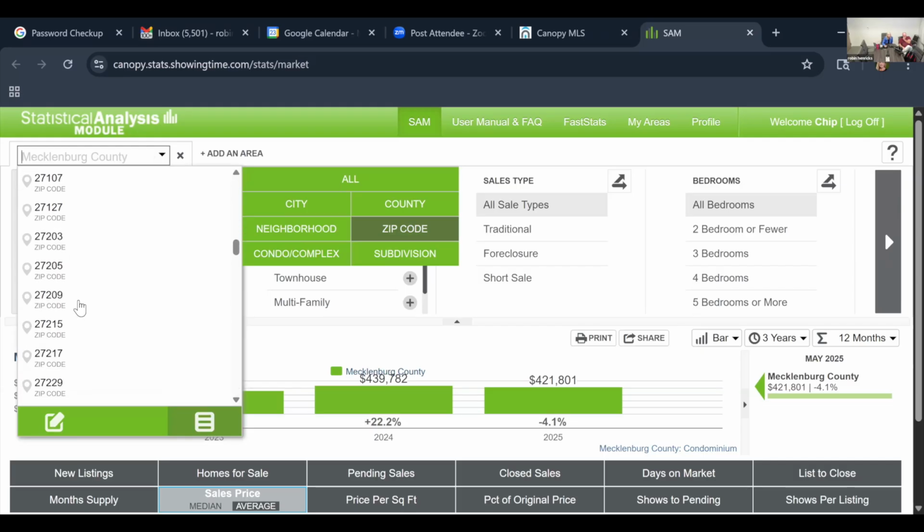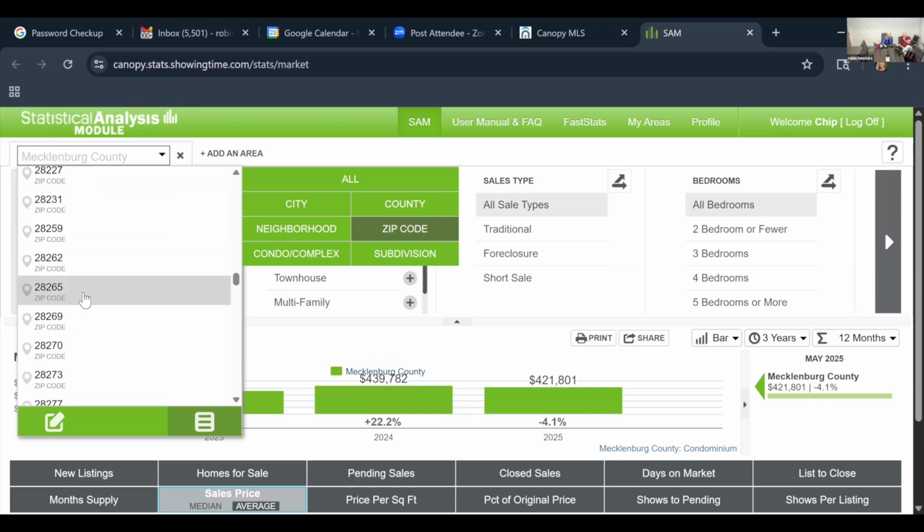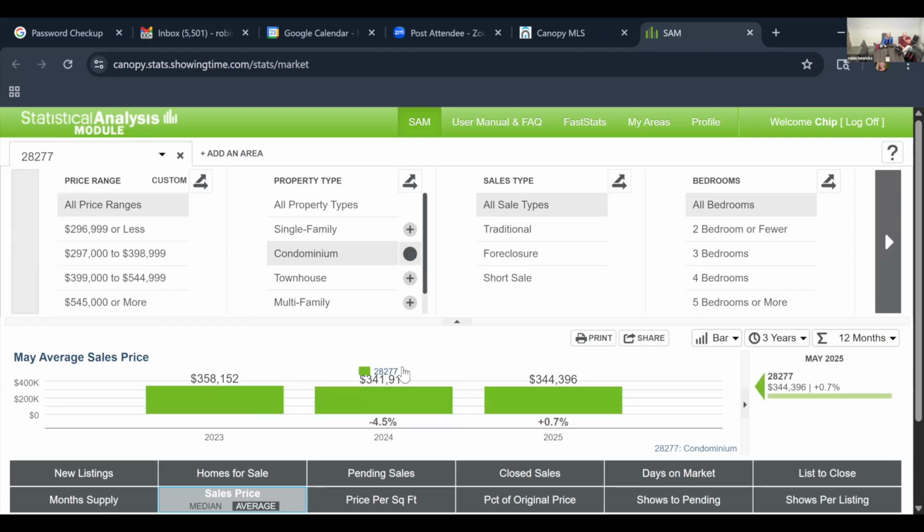Okay, and we scroll down. 2, 8, 2, 7, 7. Oh, yep. All right, so now we've got condos in 28277 actually up 0.7% compared to Mecklenburg County, down 4%.